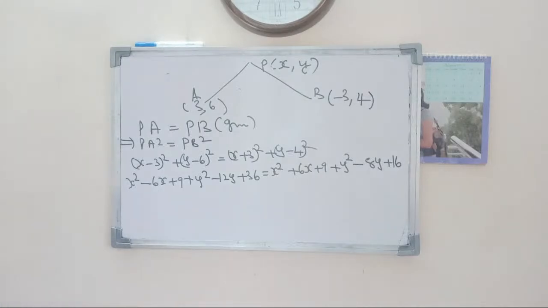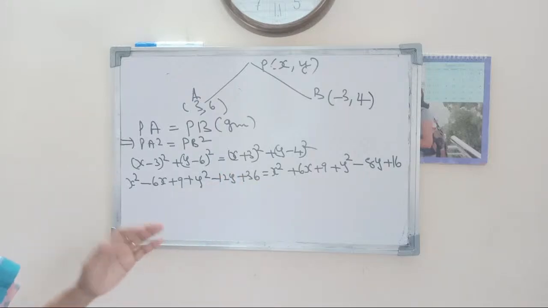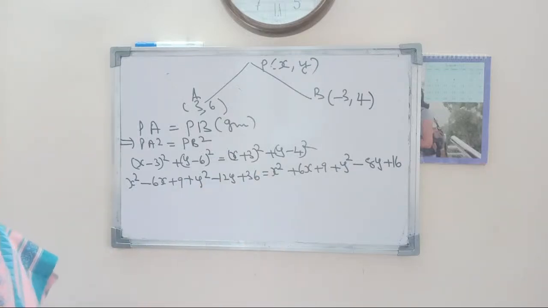Check it once. a square minus 2ab plus b square. Orally you can do the product. If not, show 2 into a into b and do the multiplication in the next step.